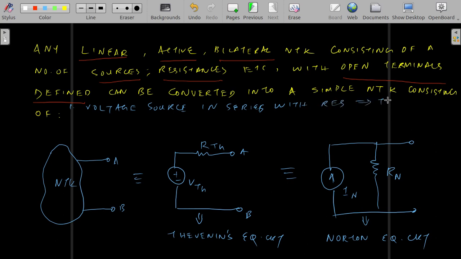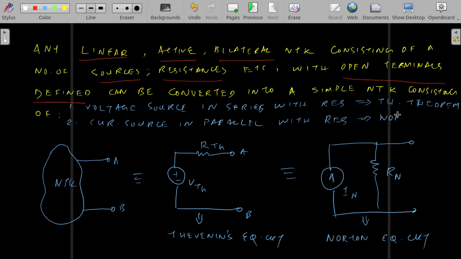This would be your Thevenin's theorem. Or a current source in parallel with resistance.